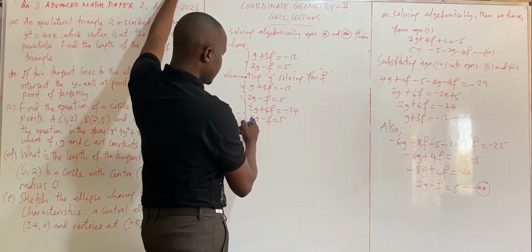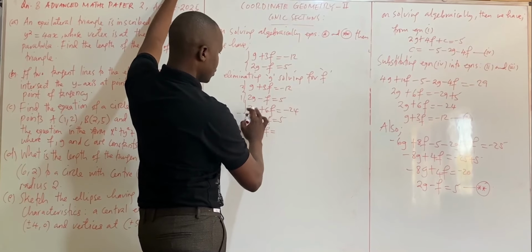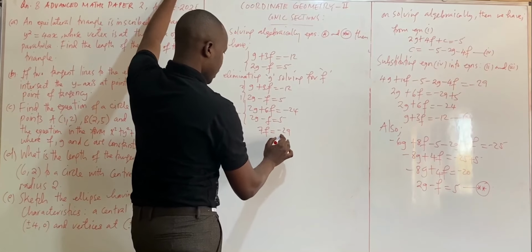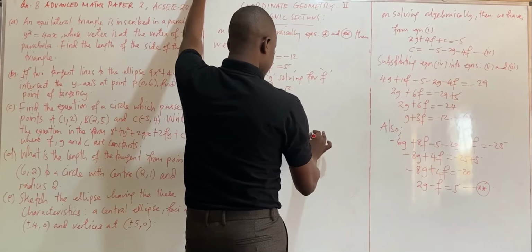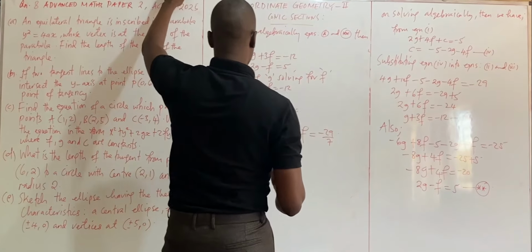So G is eliminated. Now this here will be 7F equals, negative 24 minus 5, we get negative 29. So the value of F becomes negative 29 over 7.